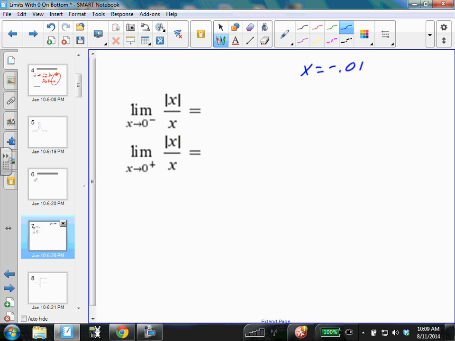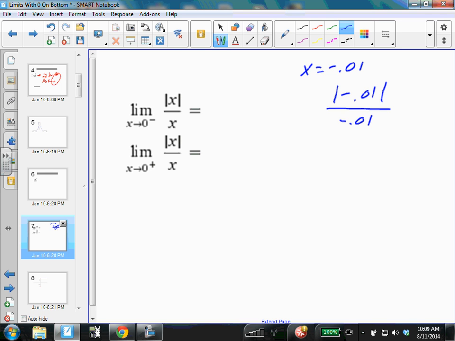So let's take negative 0.01 and actually plug it into this function right here and see what comes out. Okay, so I'm going to take the absolute value of negative 0.01 over negative 0.01. We're actually going to work it out using this number. We picked something that fits the description here. It's to the left of 0, yet it's approaching 0. It's really close to 0.